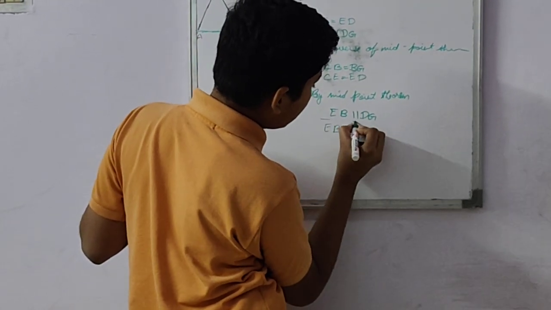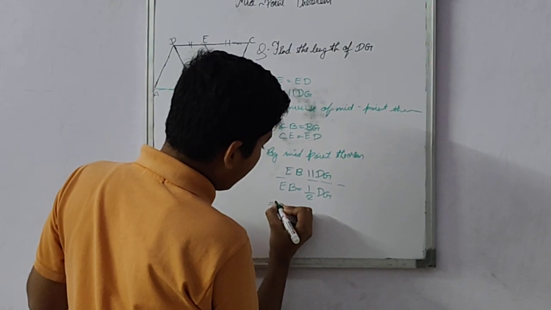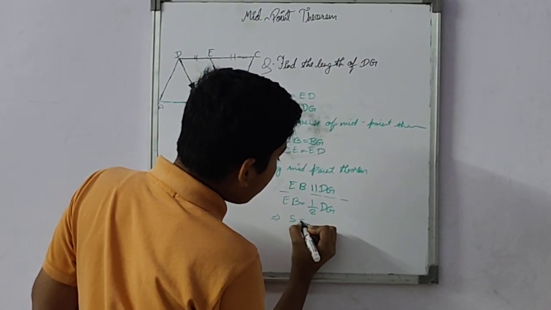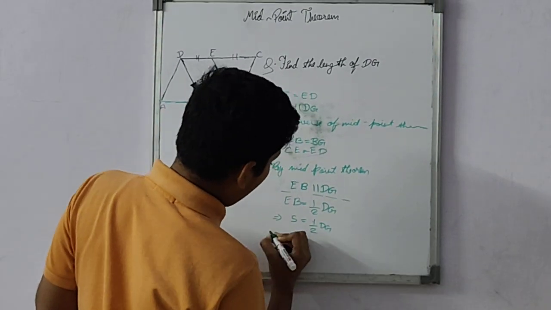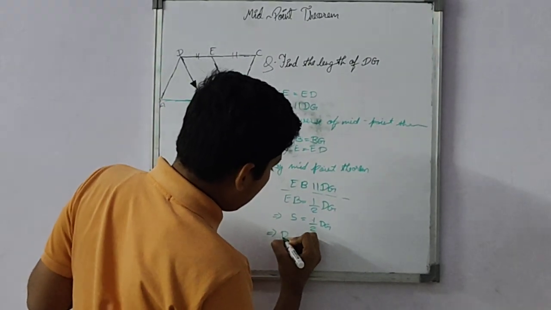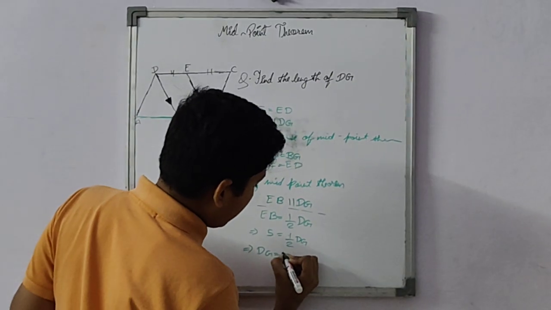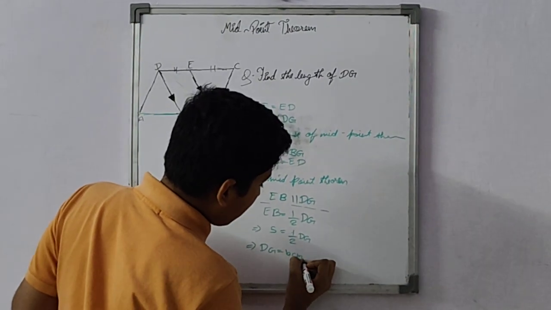The value of EB is given, so we'll put 5 equal to half of DG, which means DG equals 10 centimeter.